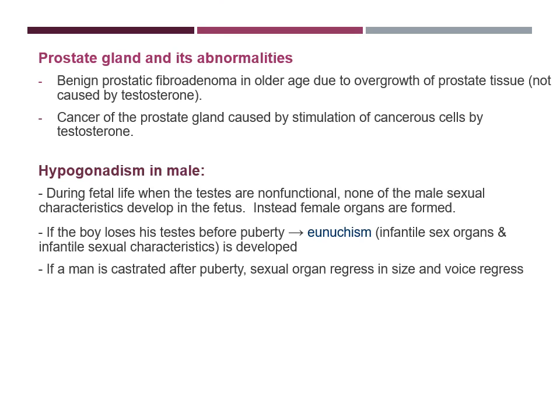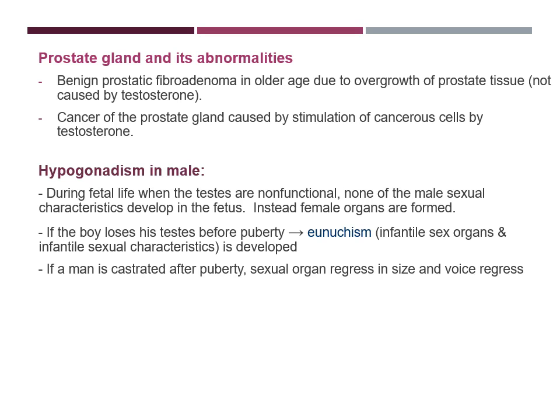However, if the body loses the testis before puberty, this will cause a condition called eunuchism, which is characterized by having infant sex organs and infant sexual characteristics.